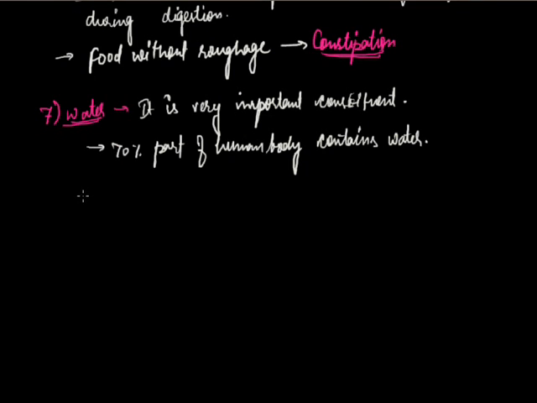It has no food value, but it is still one of the essential components of living matter. We can say water has no food value, but still it is one of the essential components of living matter.